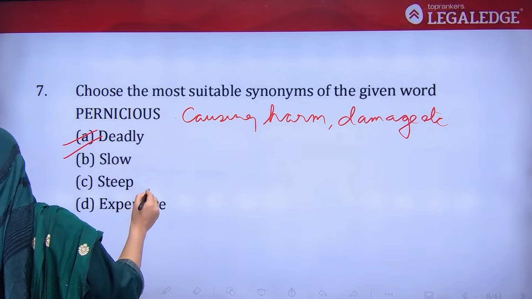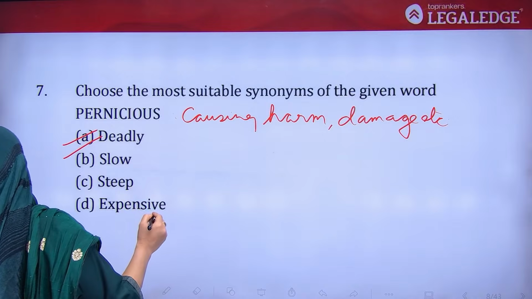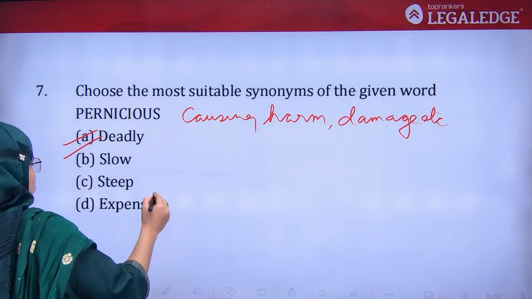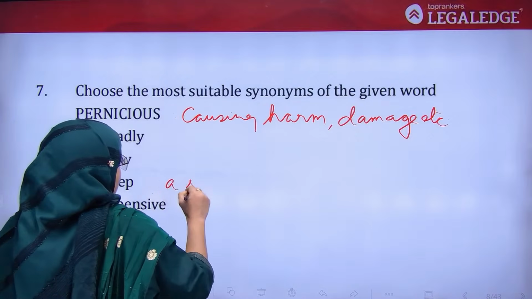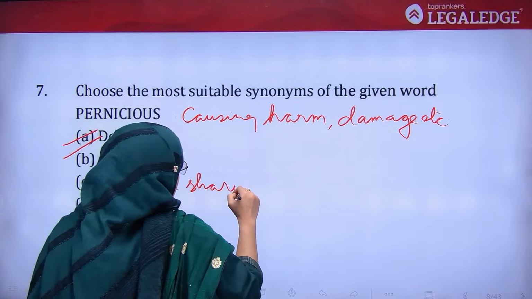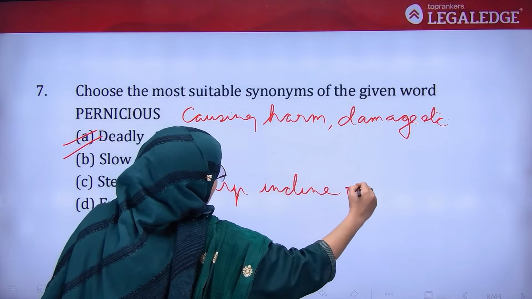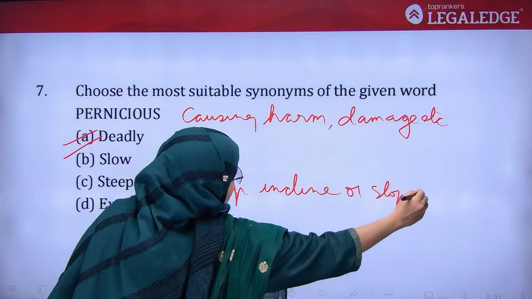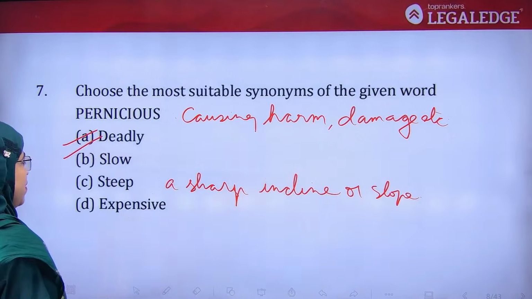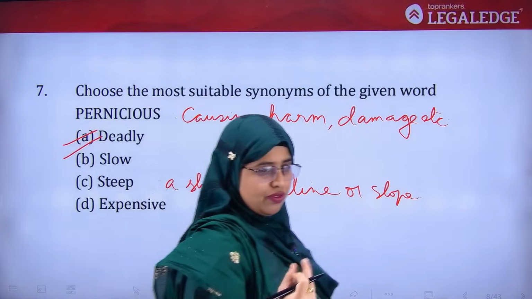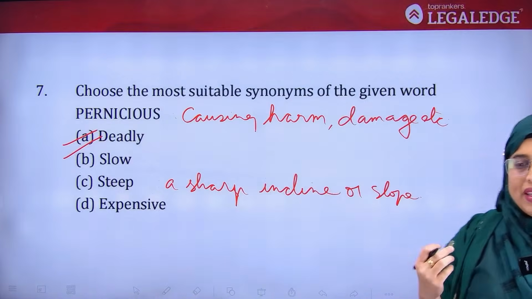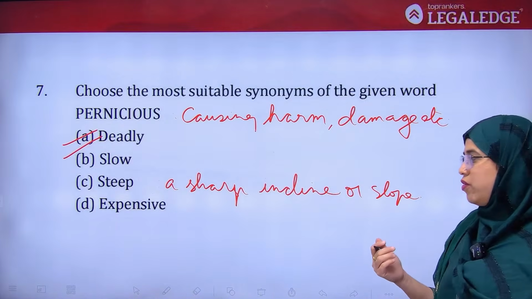Now, steep basically is what? A sharp incline or slope. Expensive is something which is quite exorbitant, luxurious, expensive, costing high.